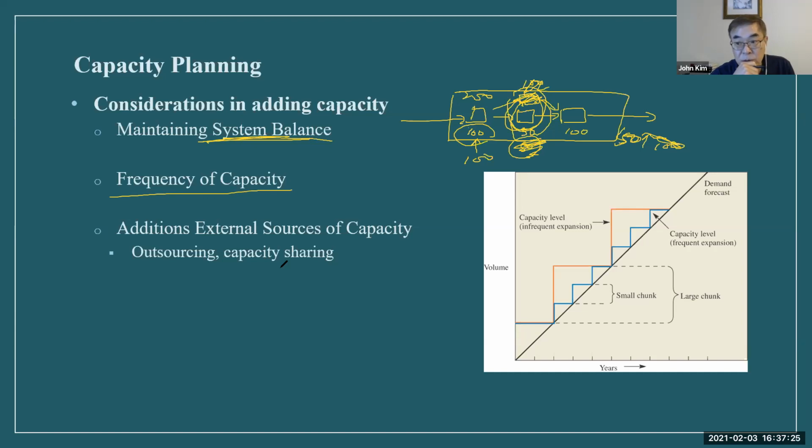So that is outsourcing. And capacity sharing: we have that function, but capacity is not enough, so we use others' capacity. That is capacity sharing.